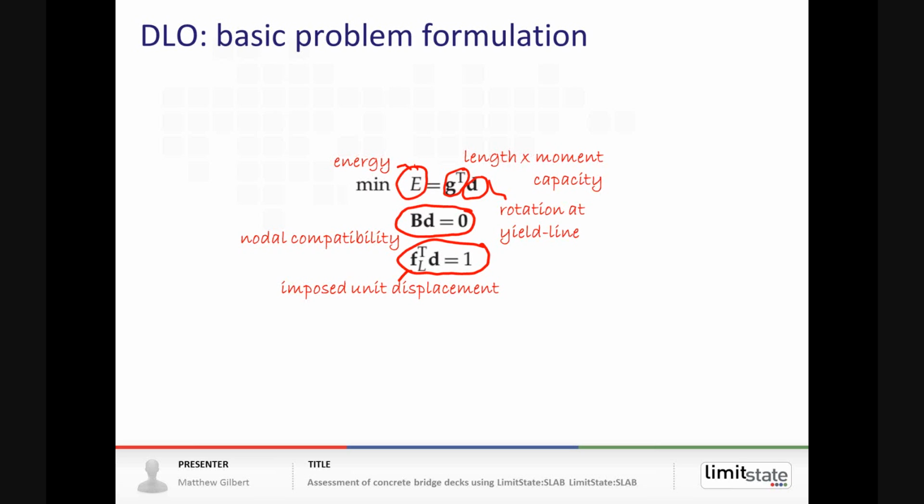And finally, using the principle of virtual work, we apply a unit displacement constraint, which takes account of how the live load is distributed across the slab. And as I said, the key thing is it's a simple linear optimization problem.